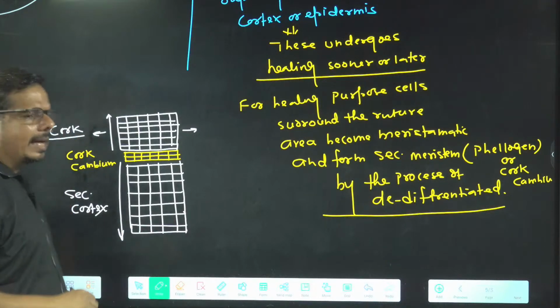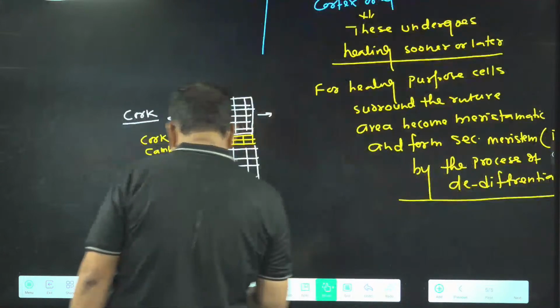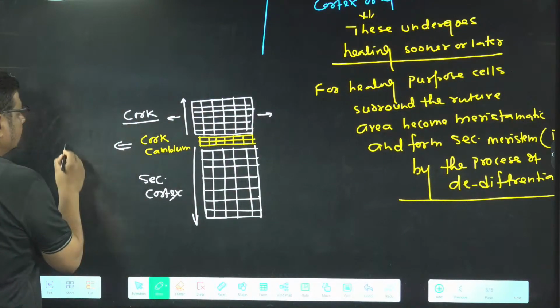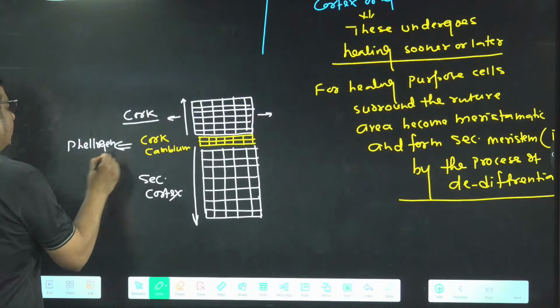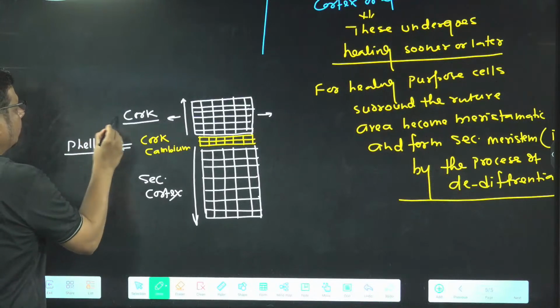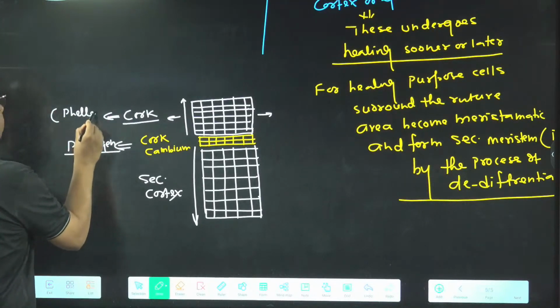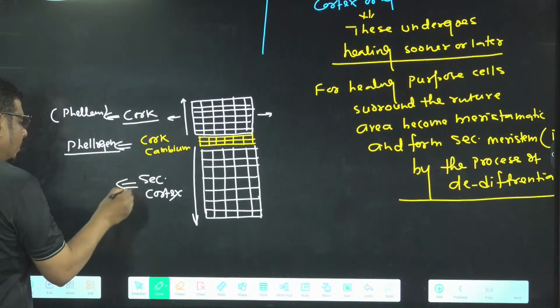When the cork cambium is showing activity, this cork cambium is also called which one? Phellogen. When phellogen is showing activity toward outside, it is forming cork. It is also called phellum. And toward inside, it is forming secondary cortex.